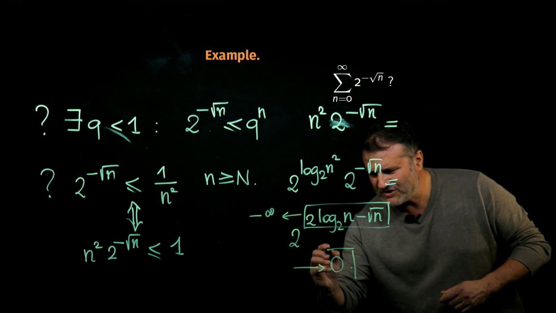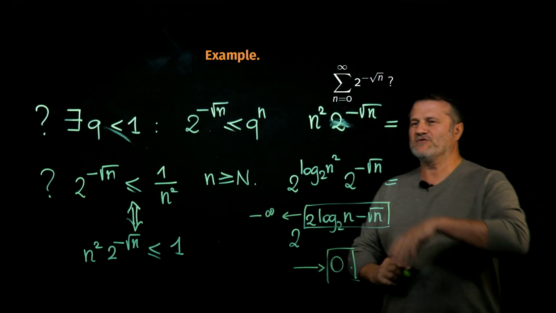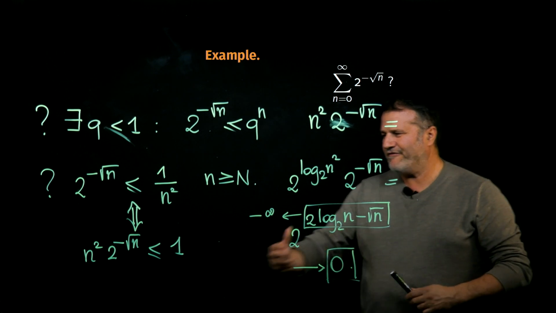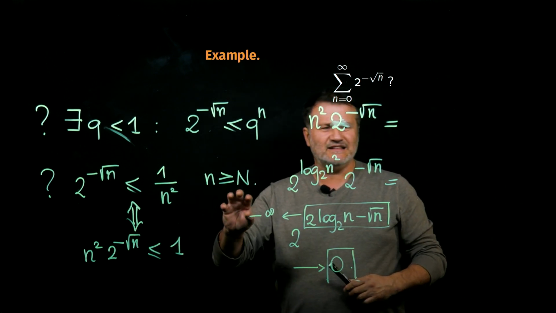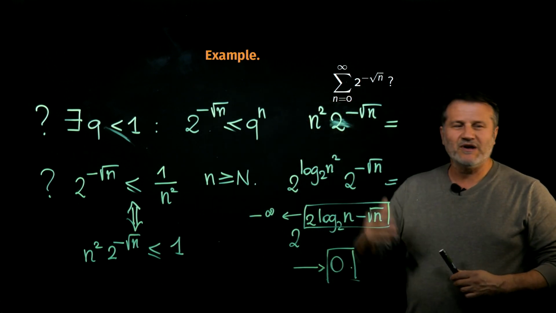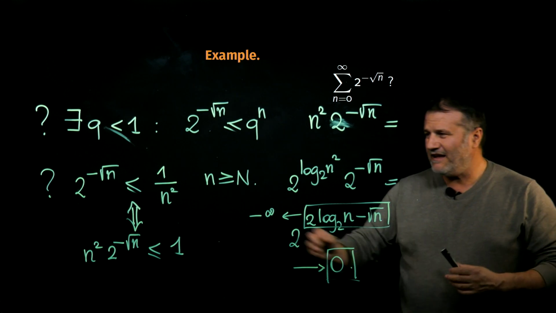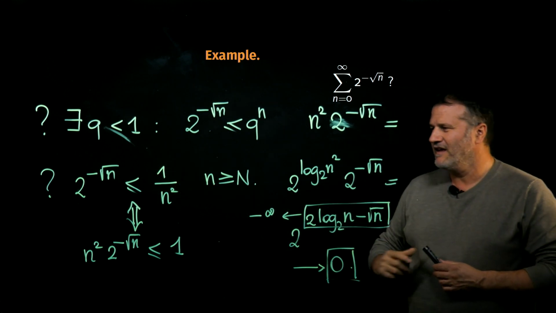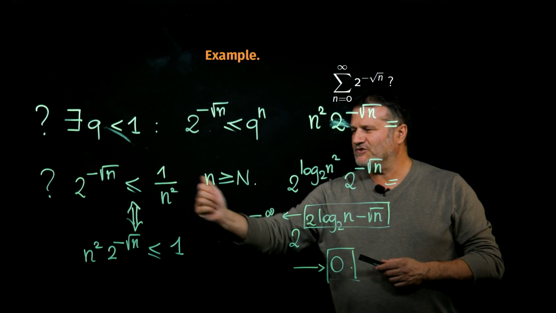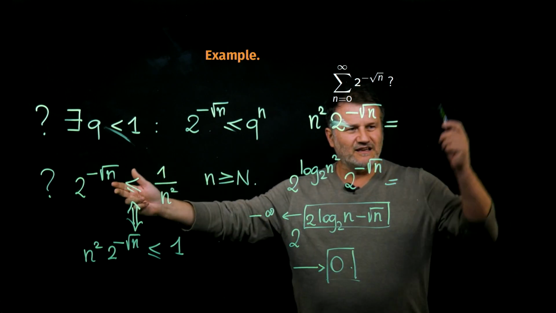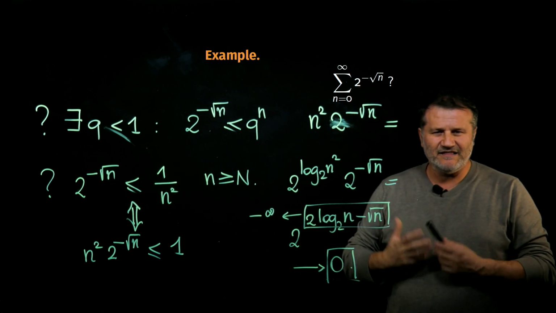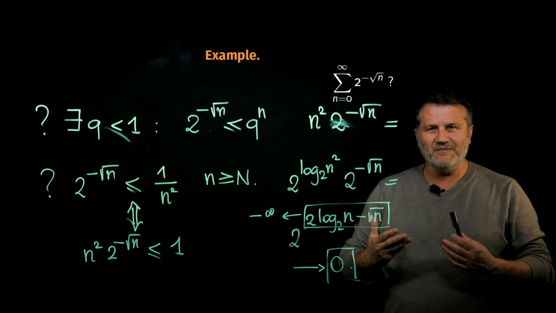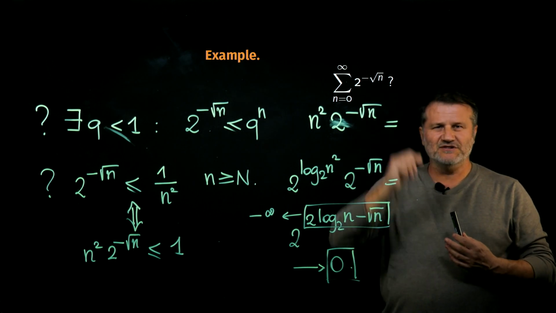Here we are, because you see that the limit of this quantity is 0, and therefore it will be less than 1, at least for n bigger than some capital N. In particular, we can say that this series, the harmonic series with the general term 1 over n squared, dominates the proposed series, and therefore by the comparison theorem, we can conclude that also this series is convergent.